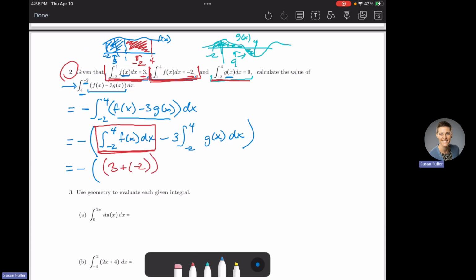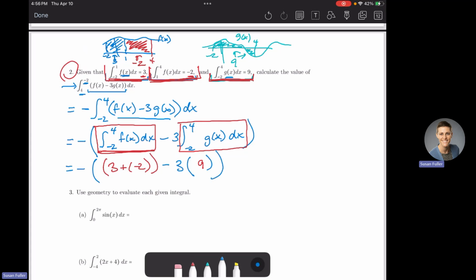And then I'm going to subtract from that 3 times the integral from negative 2 to 4 of g of x dx. Well, that's the area underneath g of x from negative 2 to 4, and I have that right here. I don't really have to change anything. From negative 2 to 4 of g of x dx, that area is 9.